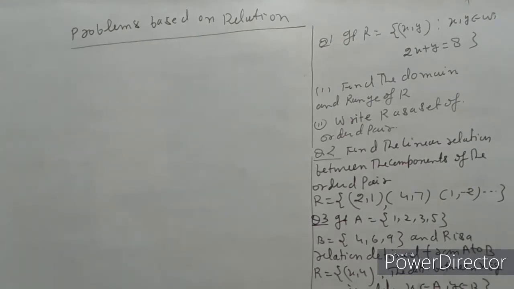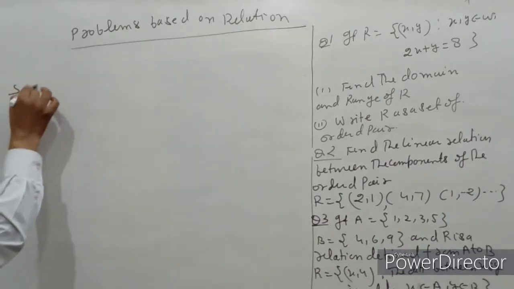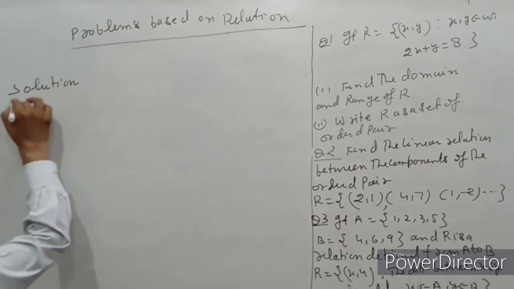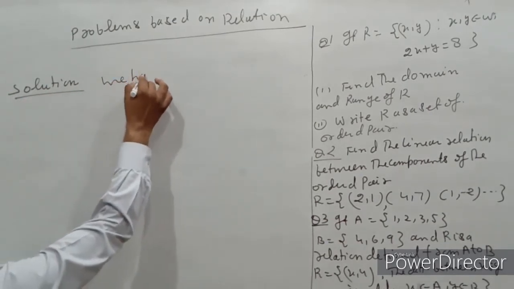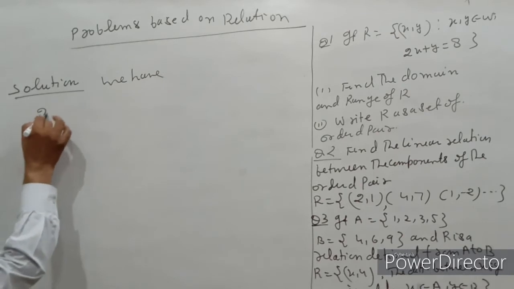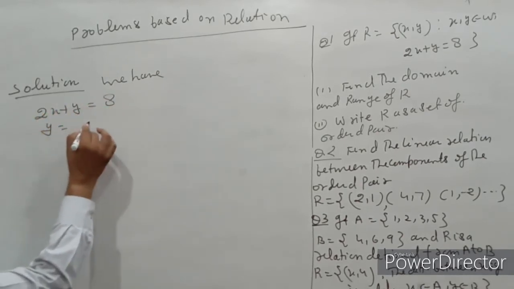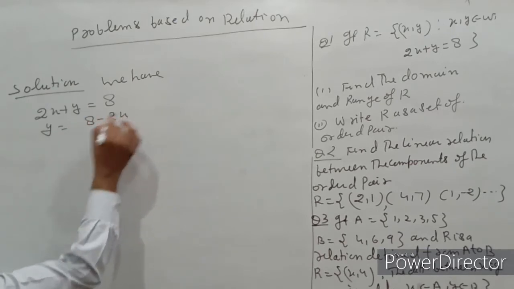So here we give the value of x. Solution: we have 2x plus y is equal to 8 or y is equal to 8 minus 2x.